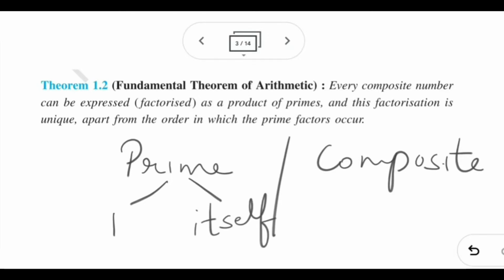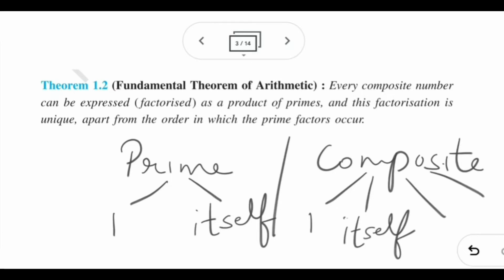All other numbers which are not prime are called composite numbers. They have more than two factors. 1 is also a factor for them, and the number itself is also a factor, but they have some more factors other than 1 and itself. Those types of numbers are called composite numbers.